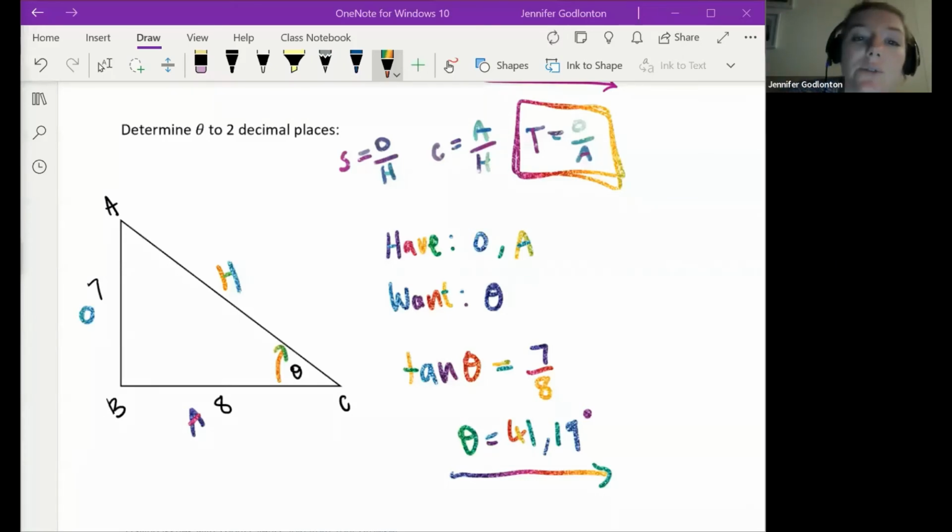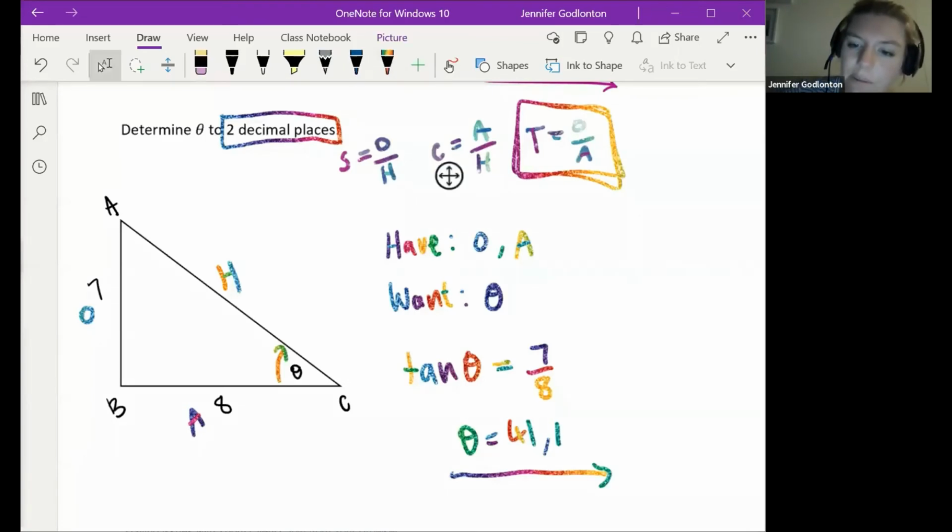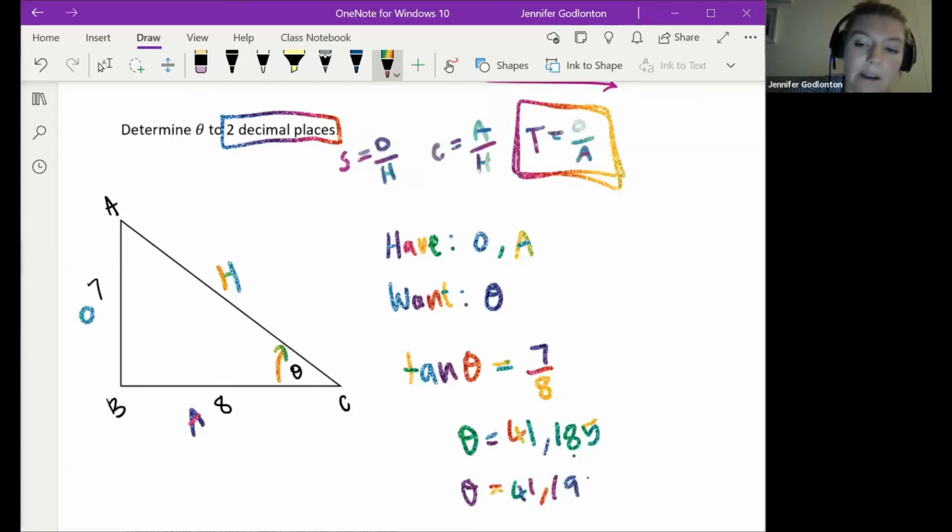But I asked for 2 decimal places. So then on the calculator, it was 1,8,5. And that 5 is going to make this 8 become a 9. And so that's why it's going to become 19. Okay, ma'am. Thank you. No problem.